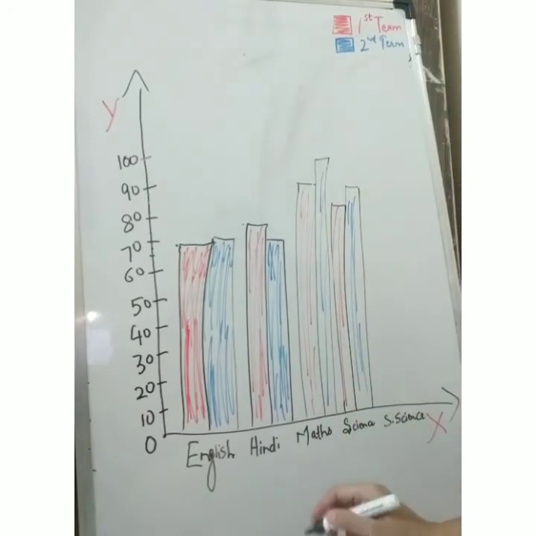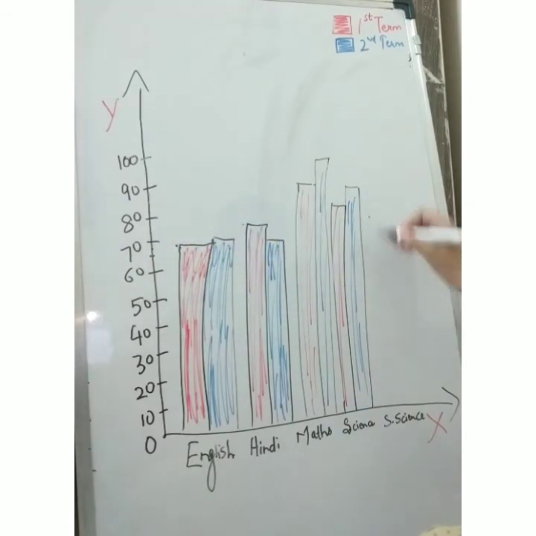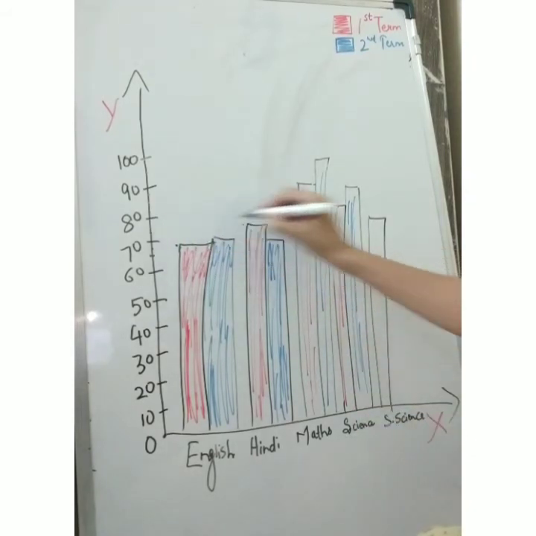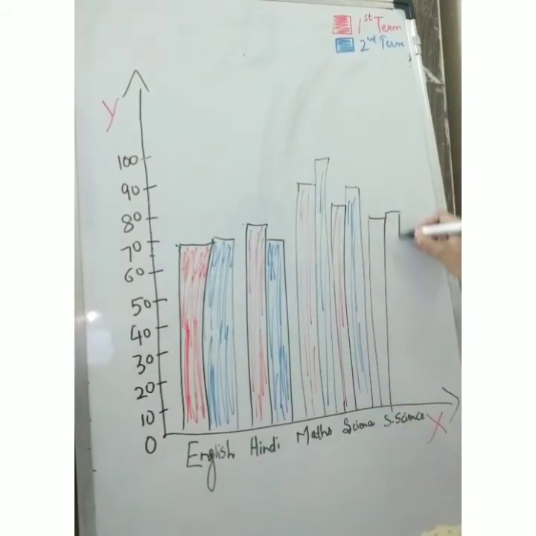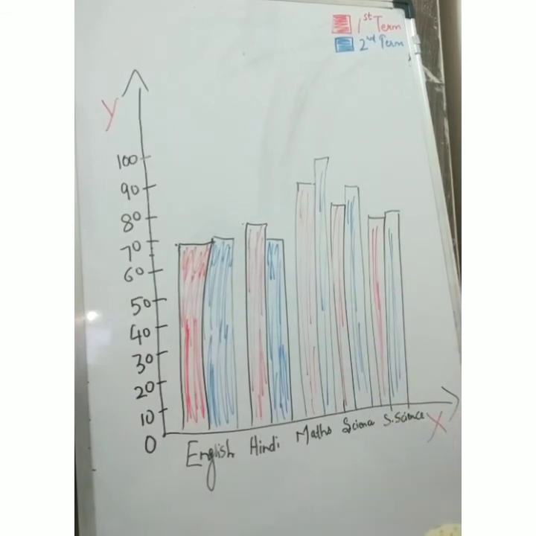Now in science 73 in the first term, 70 is here, 73 will be around here, so I will draw it, and 75. 75 will be here. So I will use red color over here and blue color. This is the way a double bar graph will be plotted. I hope this part is clear, students.